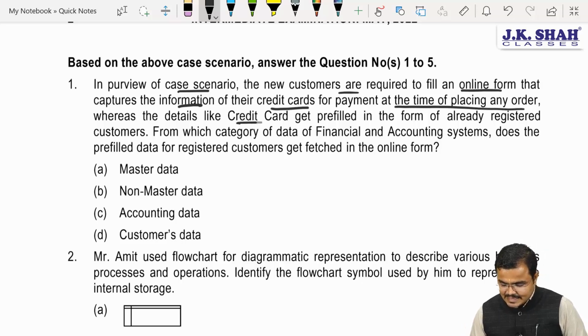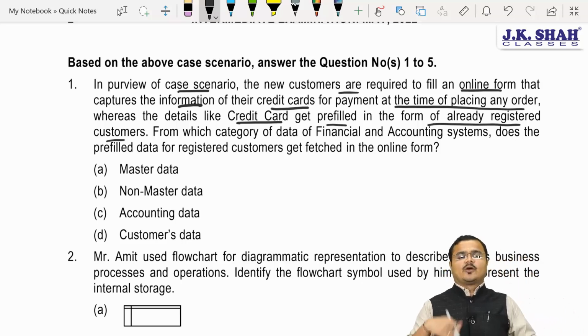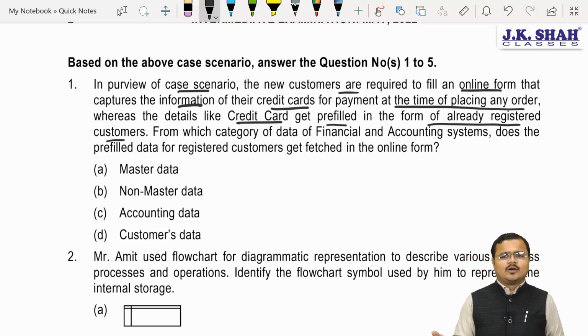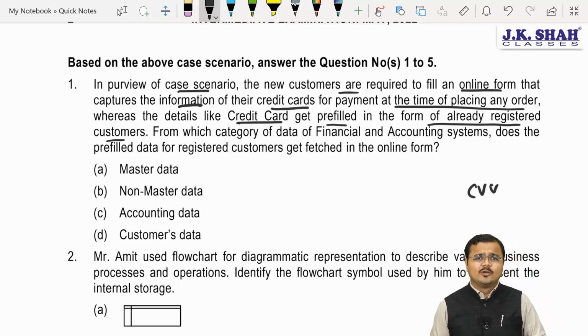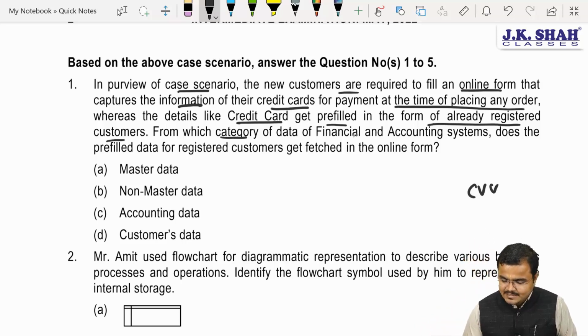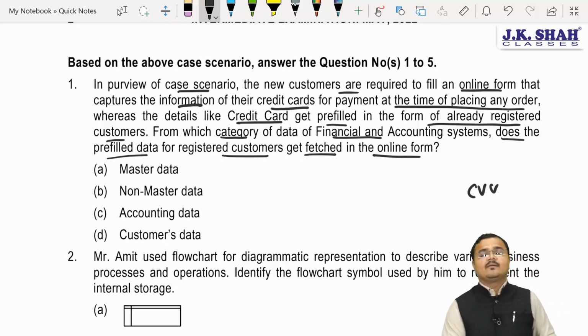Whereas the details like credit card get pre-filled for an already registered customer. So if you had already entered the details of credit card earlier, now again you are placing the order, you just need to enter the CVV number, that is the card verification value number, that's it. Okay? Yes sir. From which category does the data of the financial accounting system pre-filled data for registered customers fetch in the online form?